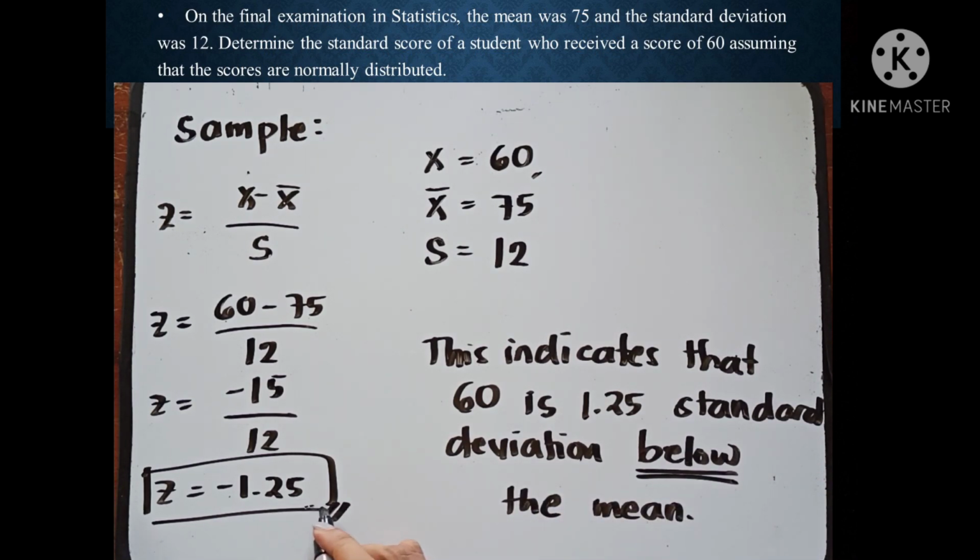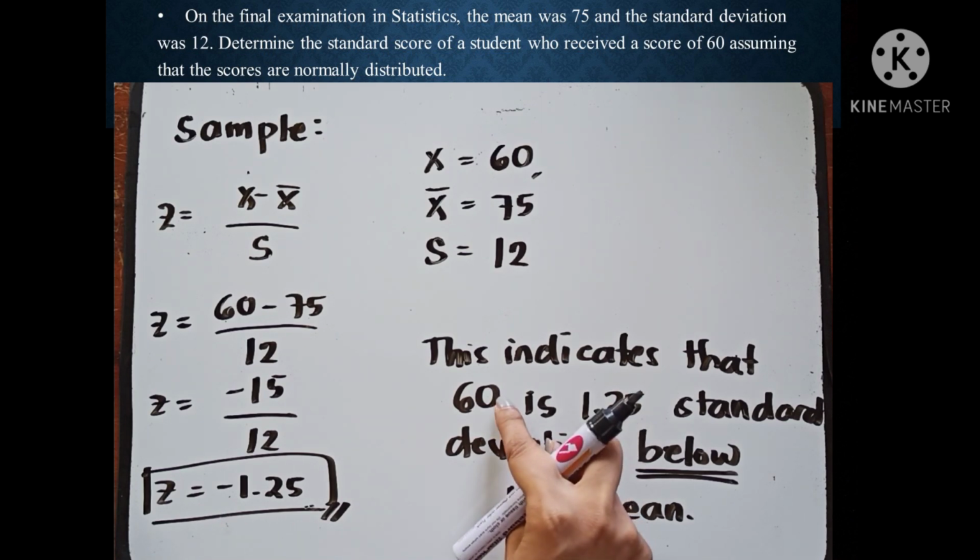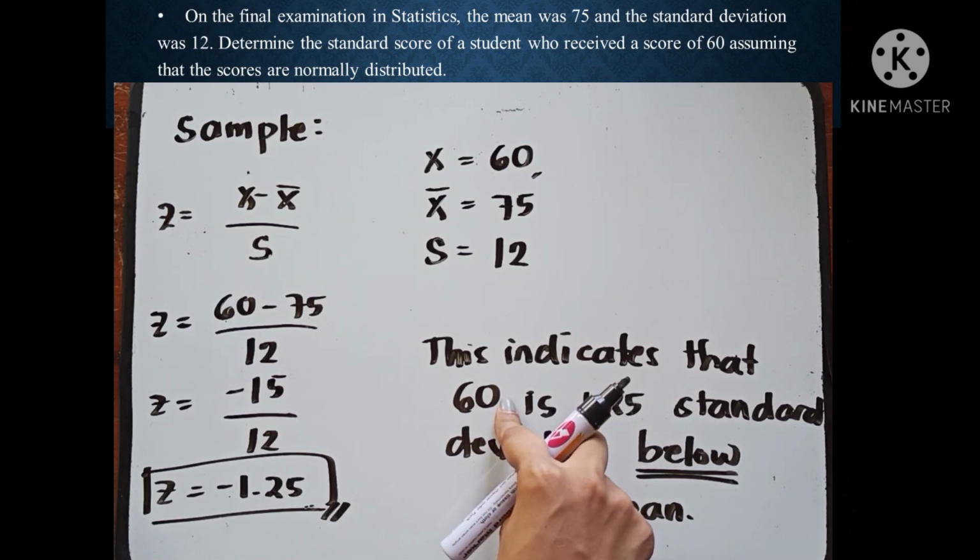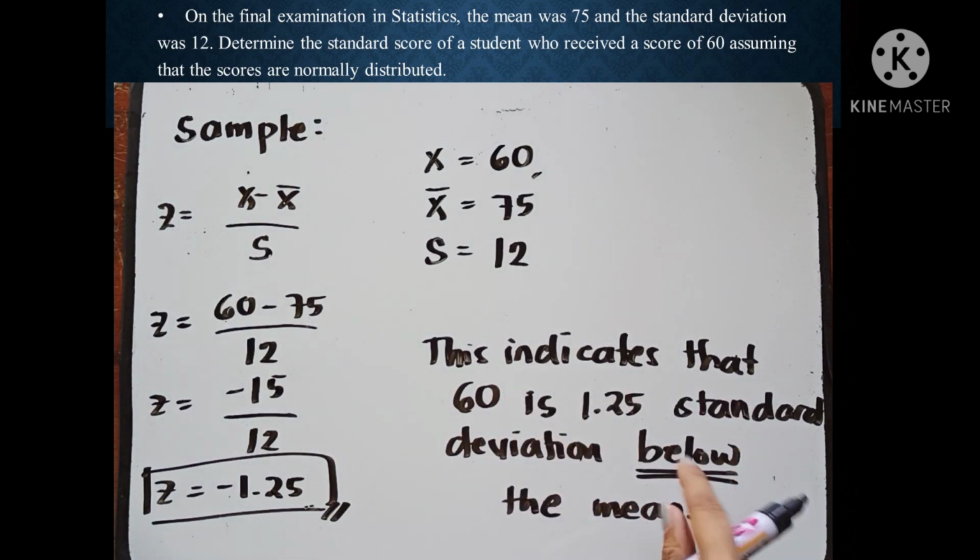Since negative yung nakuha natin na z-score, balikan natin yung sinabi ko kanina: negative z-score, ibig sabihin yung observed value is below the mean. So yung 60 na observed value natin is 1.25 below the mean. That is for this given situation.